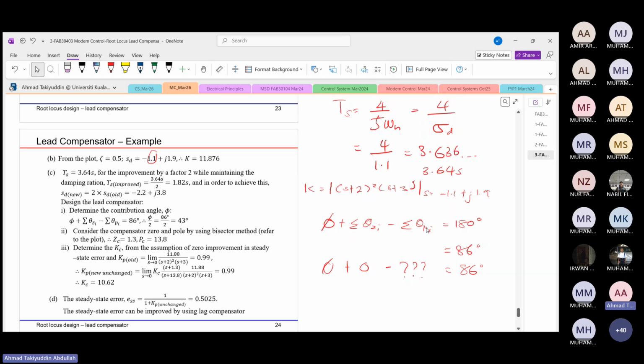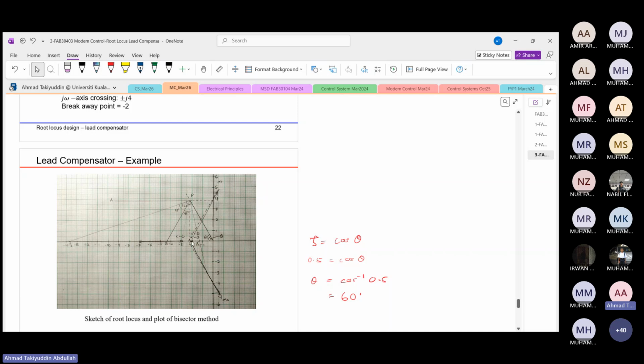So how many poles angles are we going to have? We are going to have three poles angles that come from the -2, -2 and -3. I'm going to consider the angles from the point of -2 to this new dominant pole.